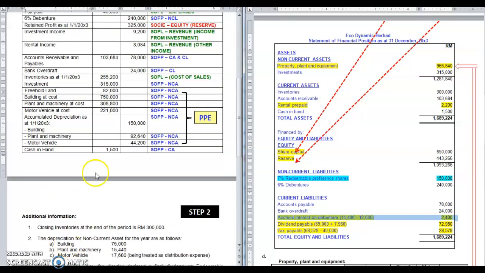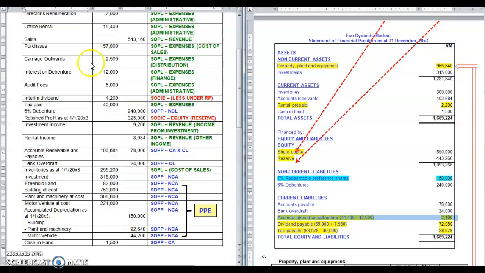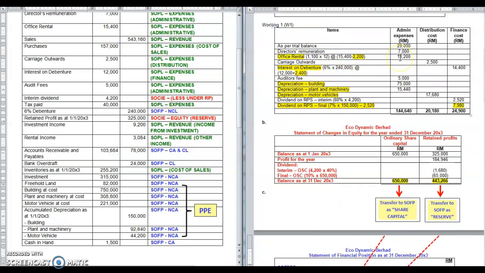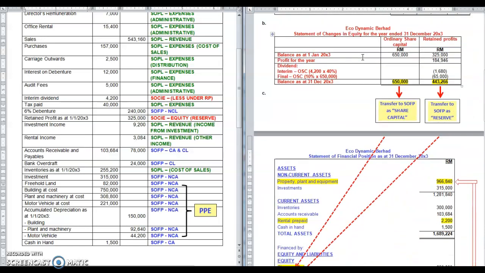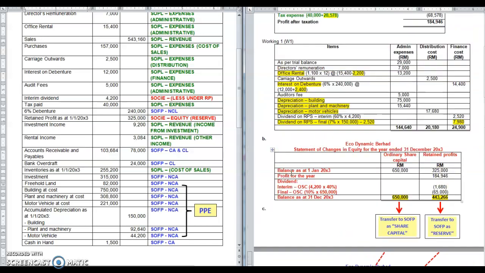Based on the closing balance here, the office rental has been paid 15,400 ringgit. Actually, the expense should be 13,200 ringgit. Therefore, you have overpaid by 2,200 ringgit. This item should be classified as a current asset. I hope you still remember this adjustment we learned during the part 1 lesson.